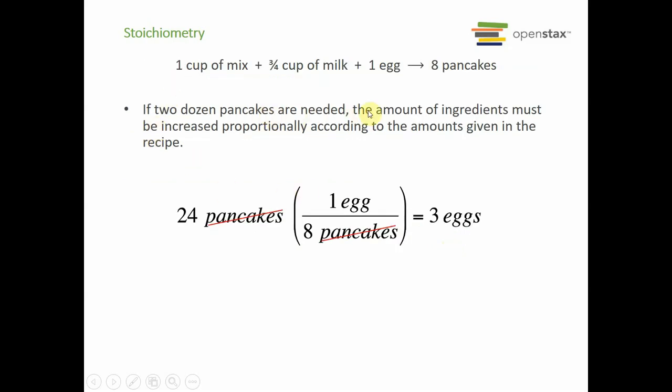If 2 dozen pancakes are needed, the amount of ingredients must be increased proportionally according to the amounts given in the recipe. 24 pancakes, you've got 8 pancakes per recipe and 1 egg per recipe, so that tells you need 3 eggs.